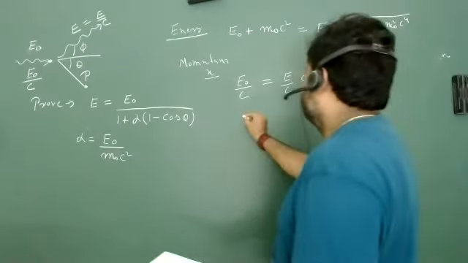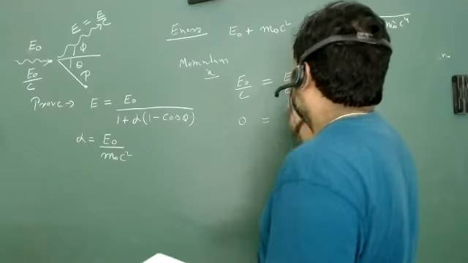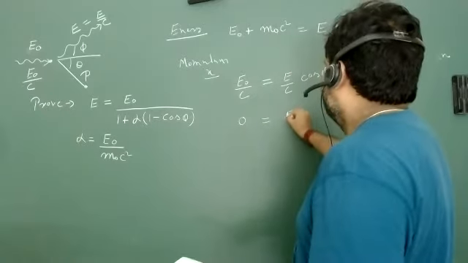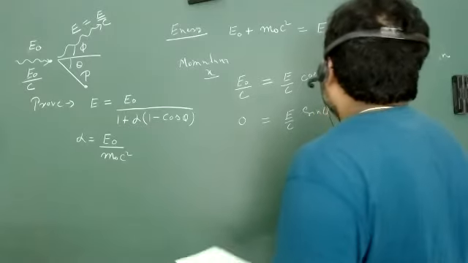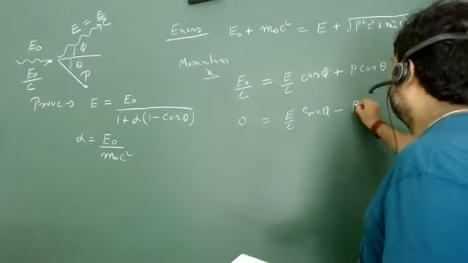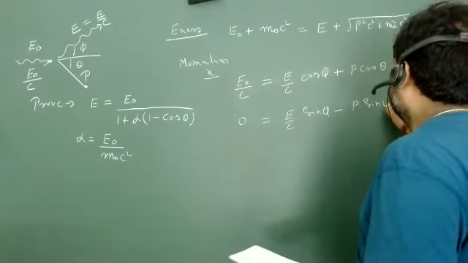And in the y direction, this will be 0 equals E by c sin phi minus P sin theta.